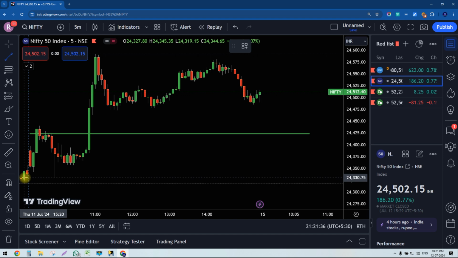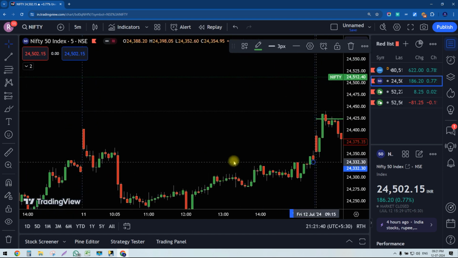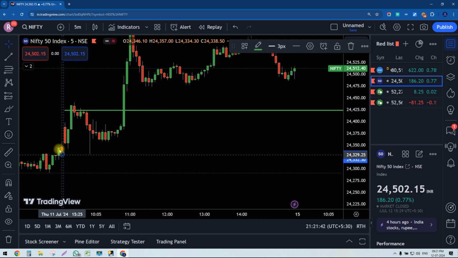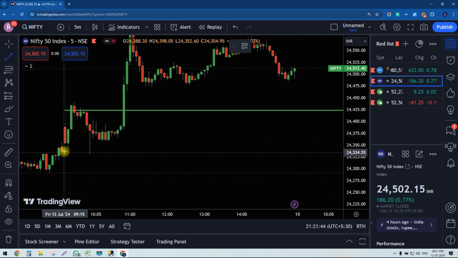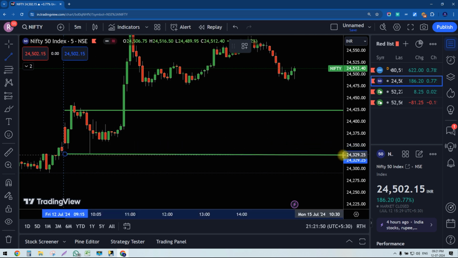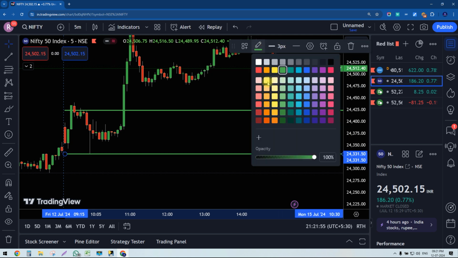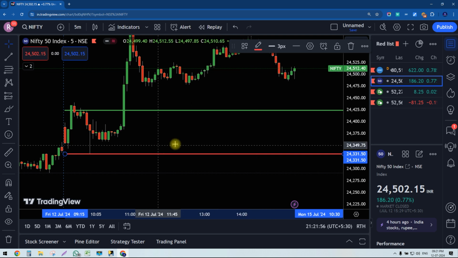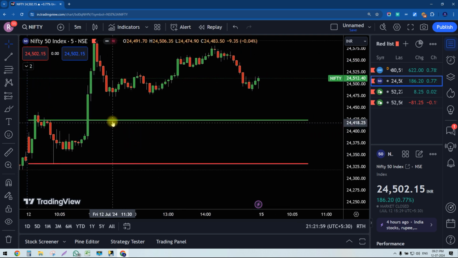You can see here 24,331, our sell level is generated here at 24,331. We'll give red for sell. As you can see here, green line for buy level and red line for sell.